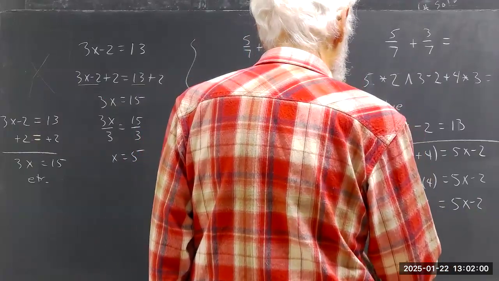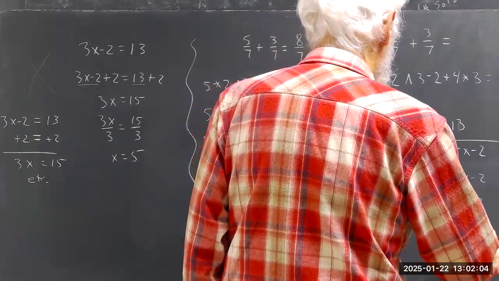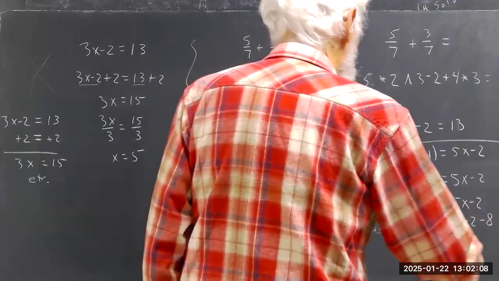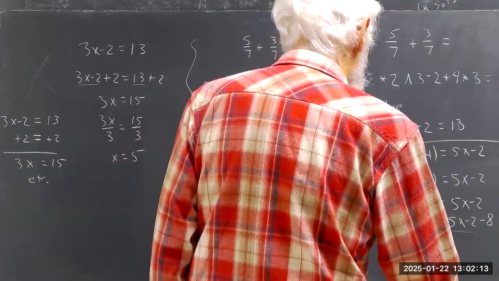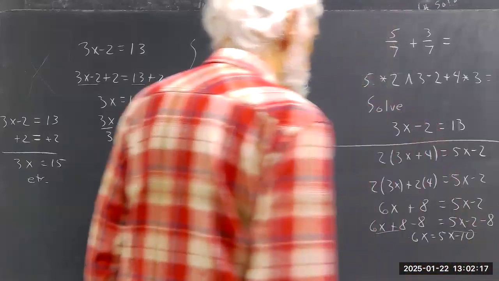Let me write it down. Here's my left side, here's my right side. I subtract 8 from both sides, which gives me 6x equals 5x minus 10.